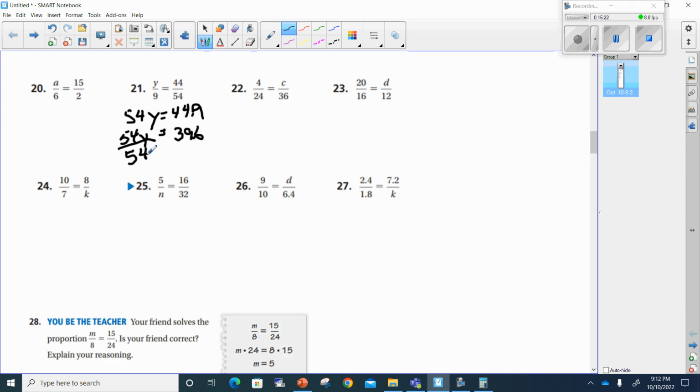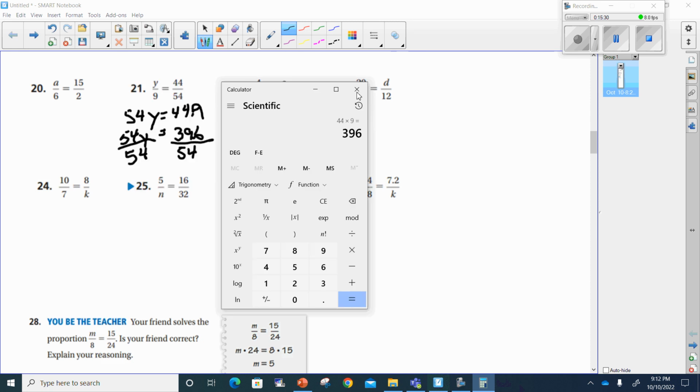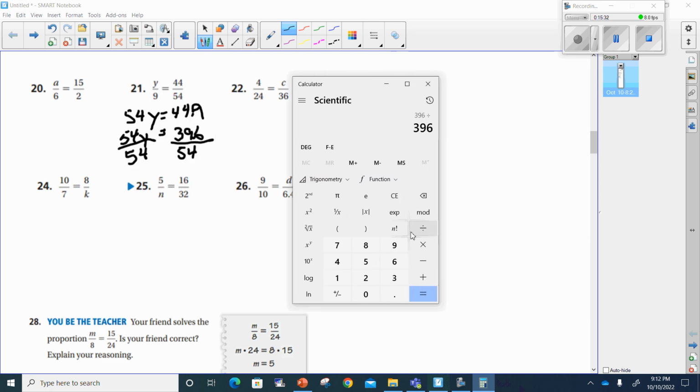Whatever I divide from one side, I divide from the other. Now I have 396 divided by 54. That gives me 7.3 repeating.